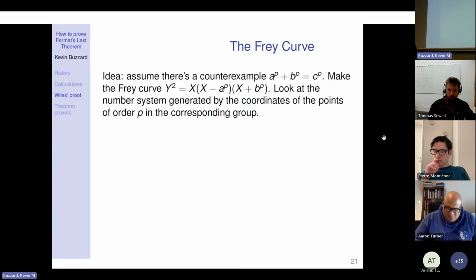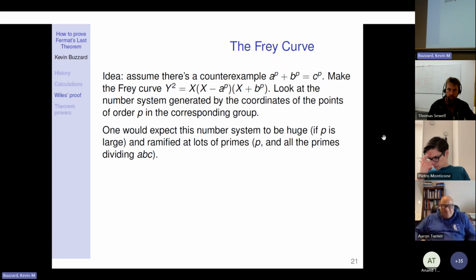But then the observation of Frey was that actually you're taking points of order P in some group, but you've got pth powers in the equations, and the pth powers of A and B somehow cancel out the points of order P thing, and your initial suspicion that this number system would be very bad at the primes dividing A, B, and C, things magically cancel. This is the weird thing.